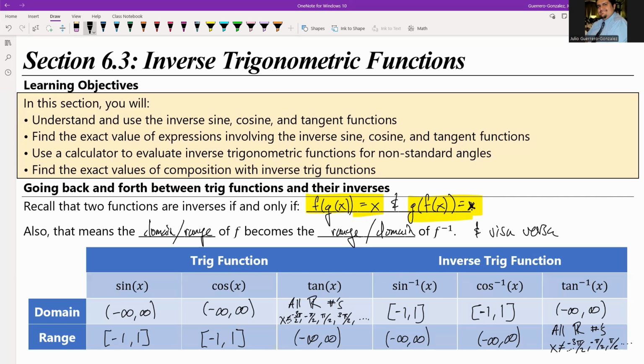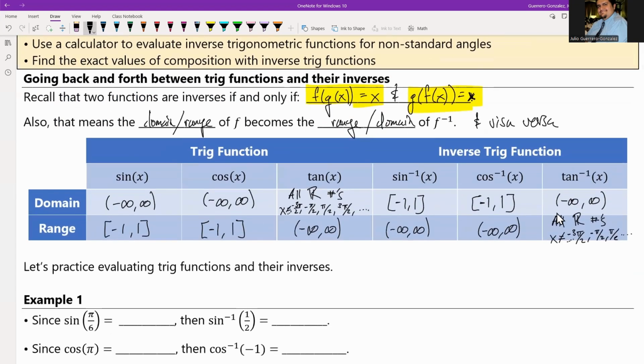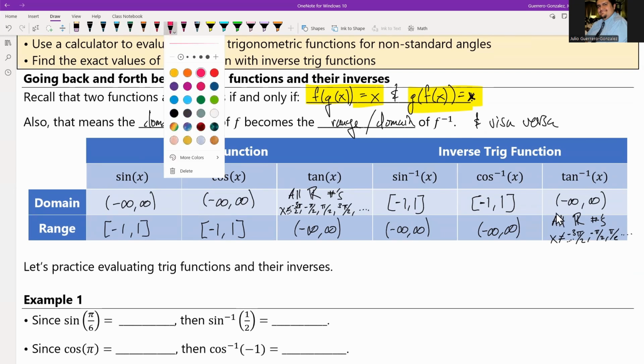Now, what I do want to stress, and this is something that we're going to have to pick up now, is this. So I'm going to go ahead and scroll down a little bit. What I want everybody to look at is this. I'm going to write it in the hot pink here.